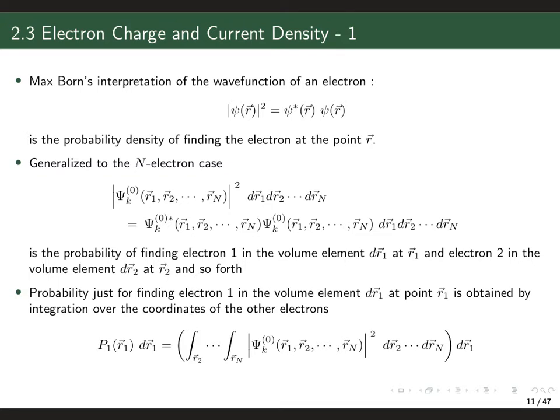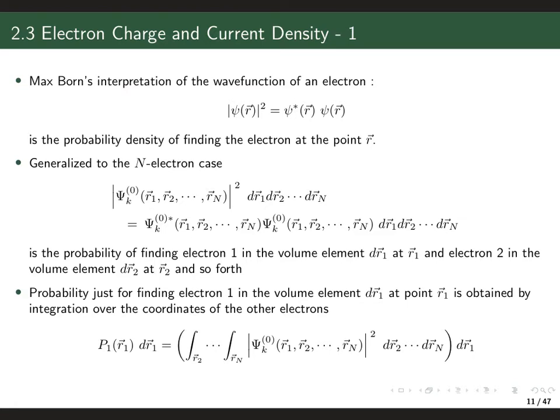So we integrate this probability over all the positions of the other electrons, meaning electron 2 to electron n. And then we get this probability here, where P is the probability density, which tells us what is the probability of finding electron 1 at position r1 in the volume element dr1.